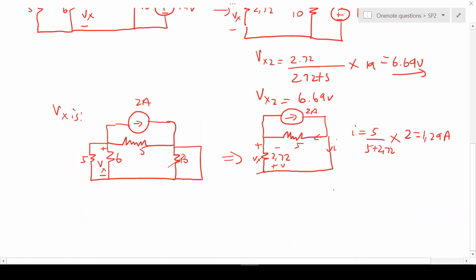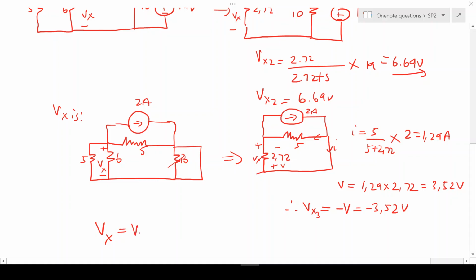Now I can multiply that out, so I can say V is 1.29 times 2.72. That gives me a value of 3.52 volts. Therefore, Vx is equal to negative V, and this is Vx3, which is then going to give me minus 3.52 volts.